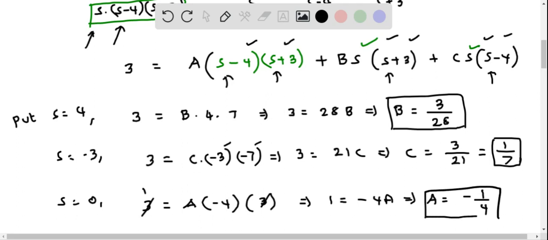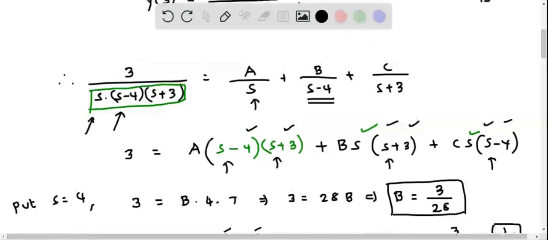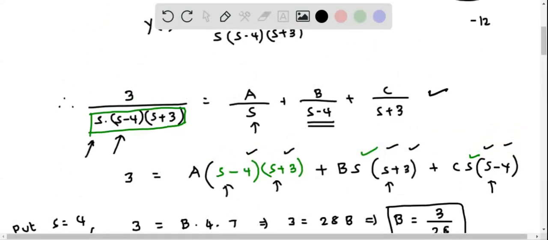Thus, we have determined the values of A, B, and C, which means we can go back and substitute into this partial fractions equation.